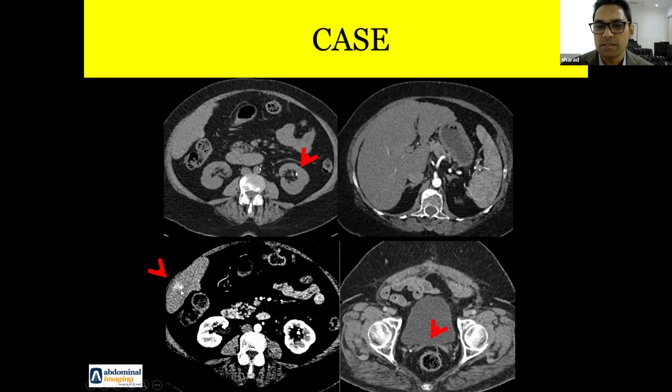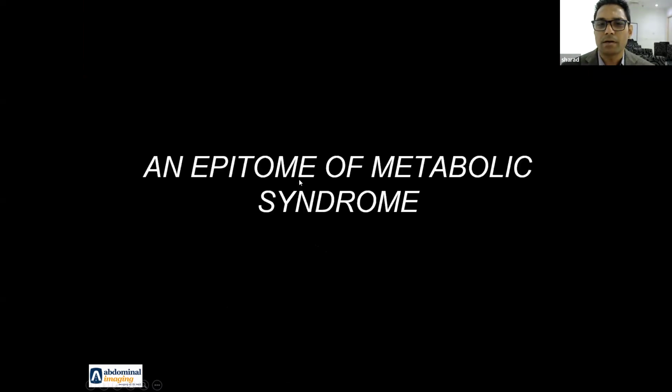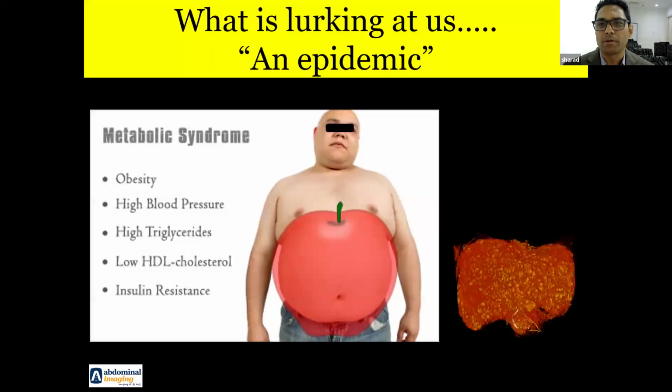There is an HCC as a presentation, and also she has stones. So this is nothing but an epitome of metabolic syndrome, a classic example. So what we are looking at now is an epidemic of metabolic syndrome. It has obesity, high blood pressure, dyslipidemia, and insulin resistance.